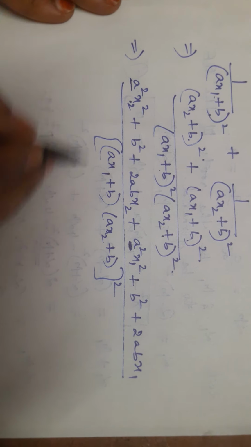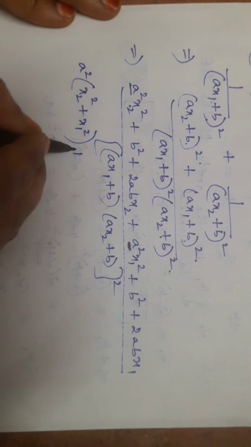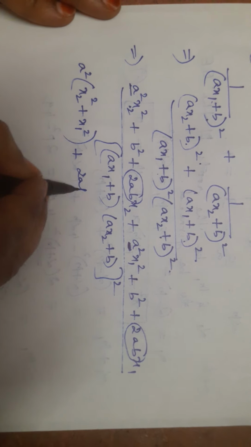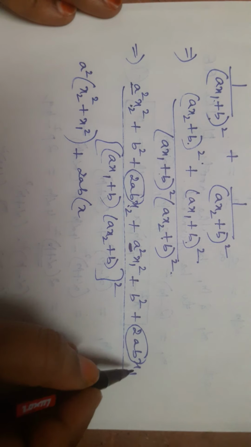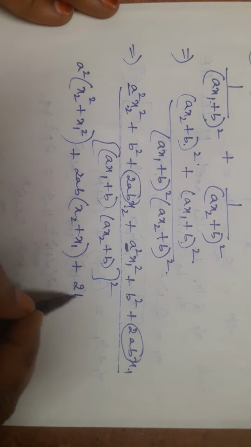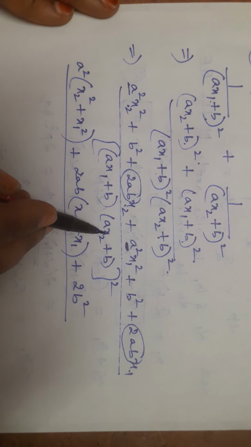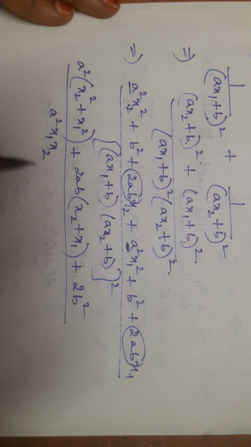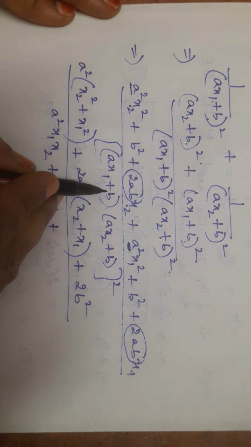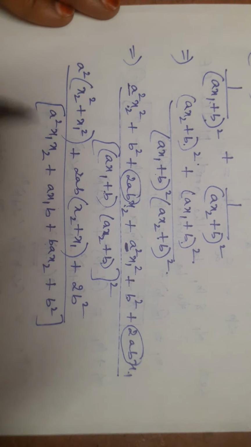Okay, now if you observe here x2, here a square, here also we have a square, so I am taking a square common from these two terms. So a square into (x2 square plus x1 square) plus here 2ab, here also we have 2ab, so I am taking 2ab common, so I have (x2 plus x1), and b square plus b square, which is 2b square, by multiplying these two terms, ax1 into ax2, a square x1 x2 plus ax1 into b, which is ab x1, plus ba into x2, plus b into b, square whole square.